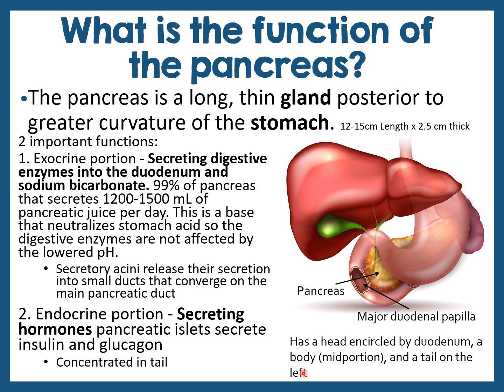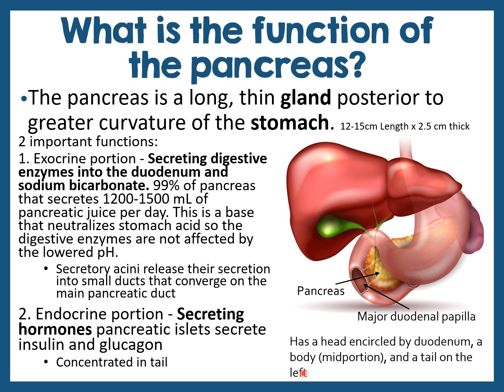Well, the last time we talked about the pancreas, it had to do with the endocrine portion. So these were those pancreatic islets that would secrete insulin and glucagon and respond to blood sugar levels. Well, that endocrine portion is concentrated in the tail of the pancreas.